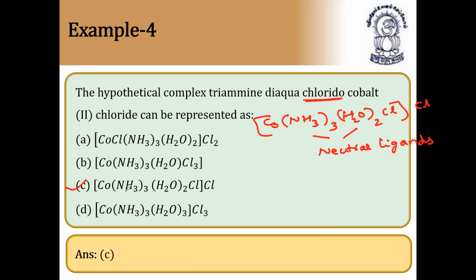So the answer for this option is triamine diaqua chlorido cobalt(II) chloride. The 2 means only these two Cls will act as donor ligands. So this is -1, this is -1, this is -1, this is -1, so definitely this should be +2. So cobalt(II) chloride. I hope you understood this answer.